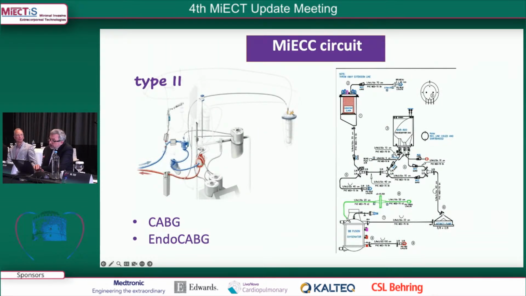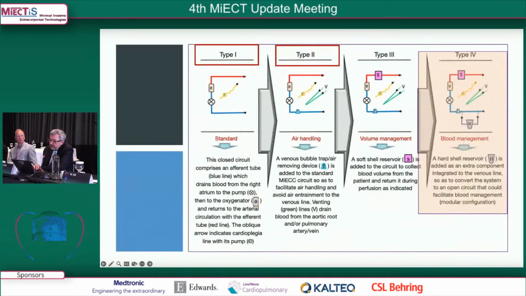We took the second type of MiECT system and adjusted it for our particular situation, and we will continue to improve this circuit and perfusion with the help of our experienced colleagues and companies. Next, we are going to introduce a type 4 circuit to further increase the safety of perfusion.